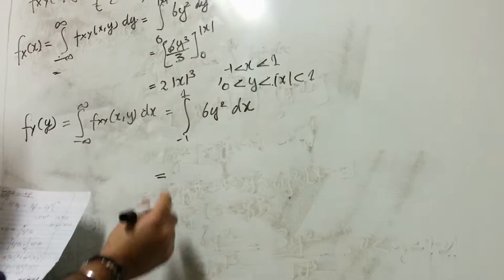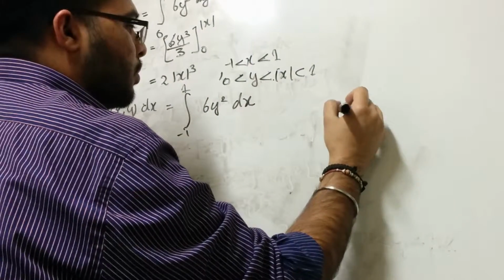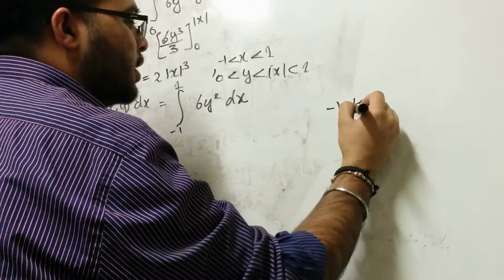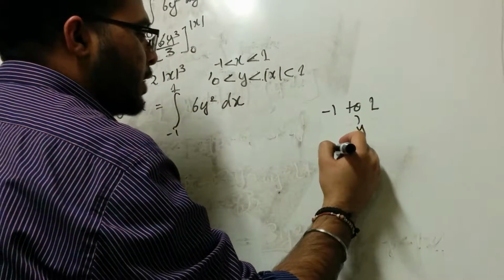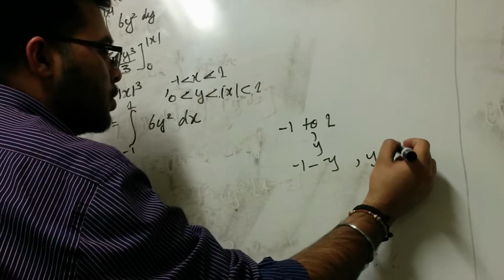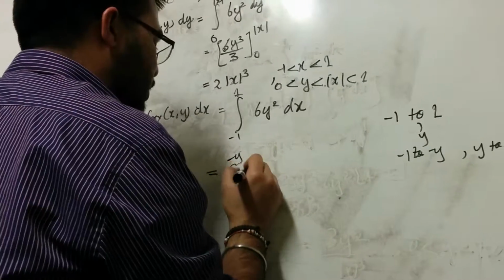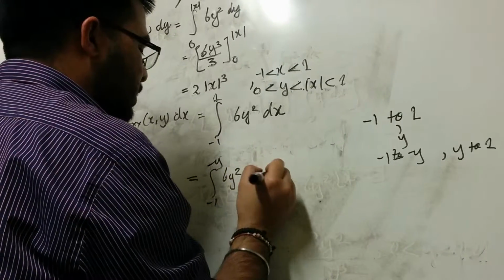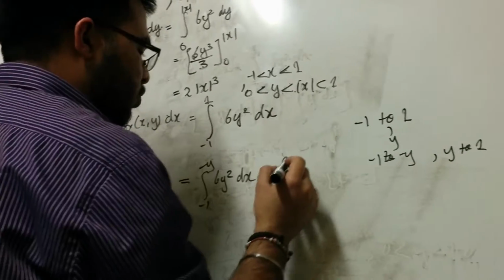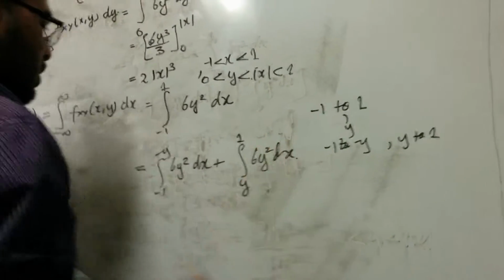Now here we will break the limit, as the limit is from minus 1 to 1. We will break it at the point y, so that minus 1 to minus y and from y to 1. This would be integral minus 1 to minus y of 6 y square dx plus integral y to 1 of 6 y square dx.